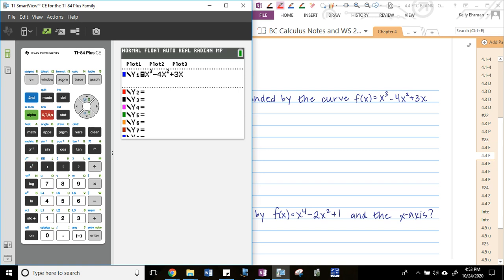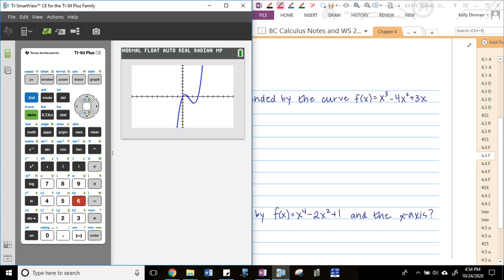I always zoom 6 to get it back to a 10 by 10 window. And then I can see the zeros. There are 1, 2, 3 zeros. And we're interested in the area between the curve and the x-axis. There are 2 of those. The net area will be negative. But the total area, I want to add up this plus this. All right, so the zeros are 0, 1, and 3.